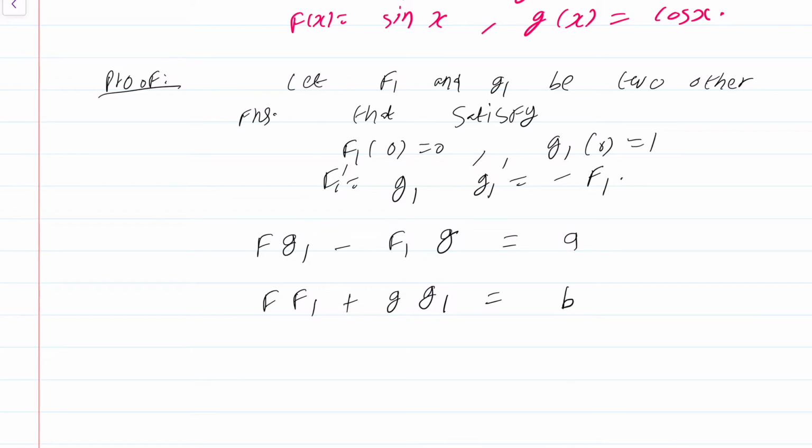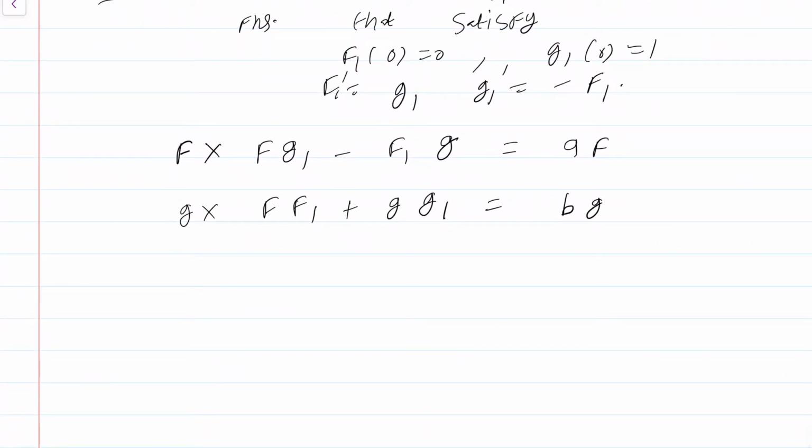Okay. Now what we do is we multiply the first equation by f, and we multiply the second equation by g. And then we subtract both equations. So what we'll essentially get is f squared g1 minus f f1 g minus g f f1 minus g squared g1. Okay, we'll get this combination.